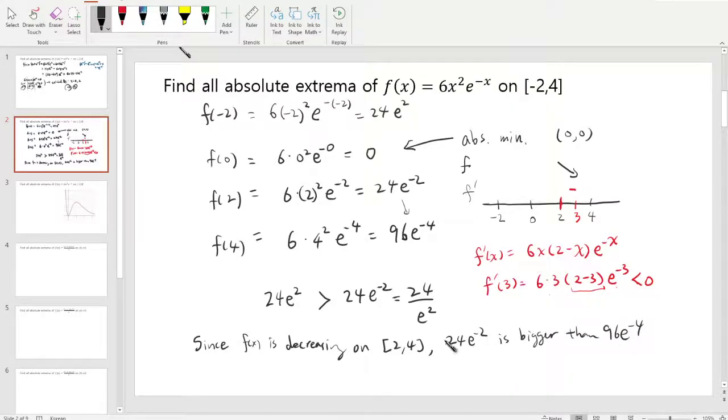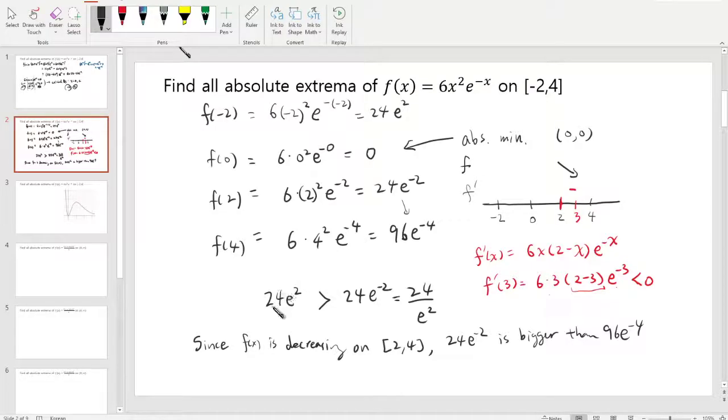Decreasing means it goes from higher to lower value, right? So here is what we just figured out. 24e squared is bigger than 24e to the negative 2, and this is bigger than 96e to the negative 4. So the conclusion is that this is the largest.